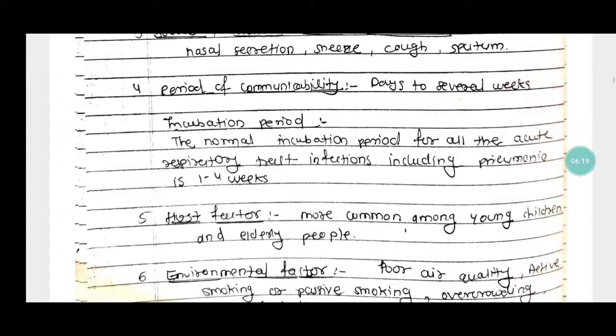So the normal incubation period for all acute respiratory tract infections, including pneumonia, is 1 to 4 weeks. The host factor for respiratory infection is that it is more common among young children as well as the elderly.